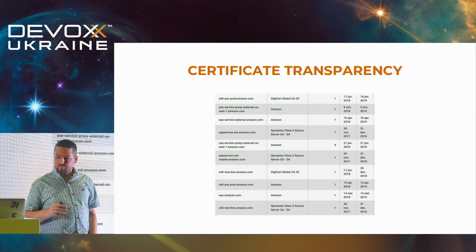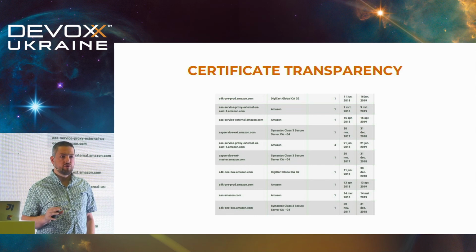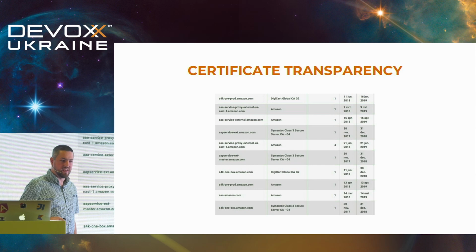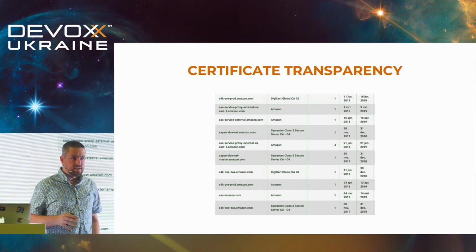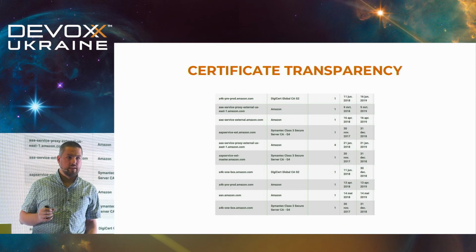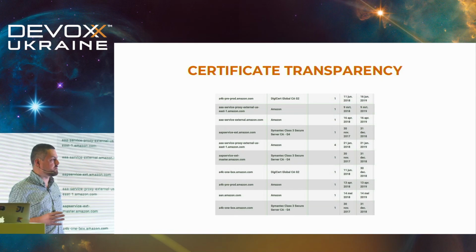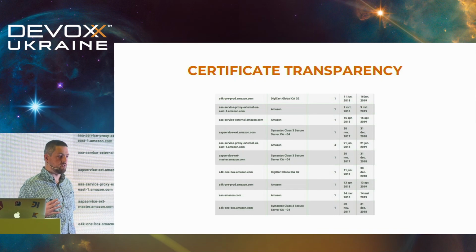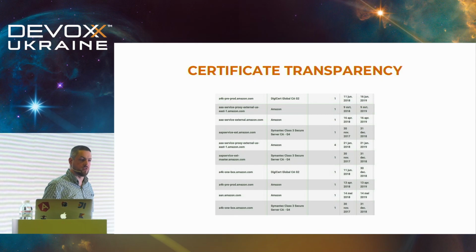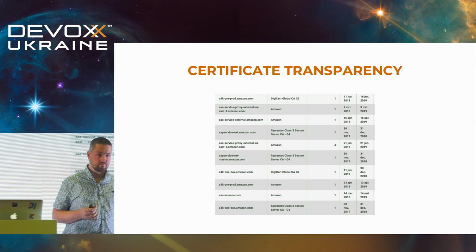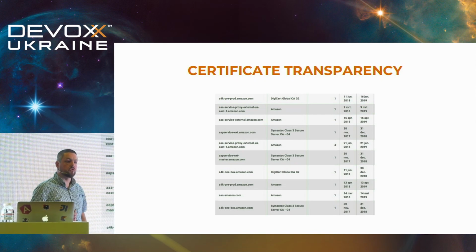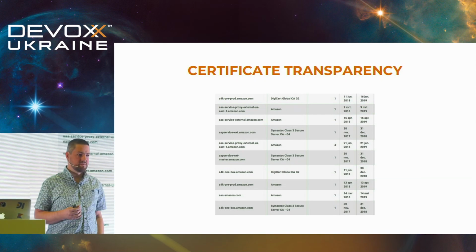Now, this system also introduces a new risk. Not sure if you can actually read what's on the slide. Since all certificates that are issued are now public, that also means that information that was previously hidden is now also visible. For instance, this is an overview of the first page of certificates issued for Amazon.com. It contains quite a few internal URLs used for testing.